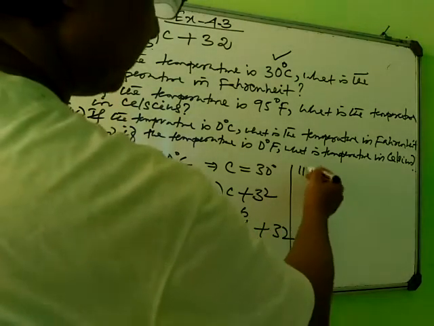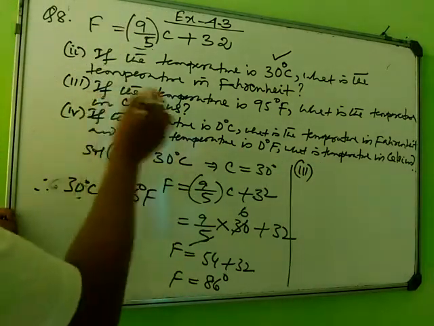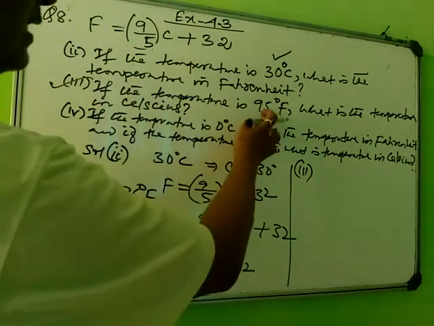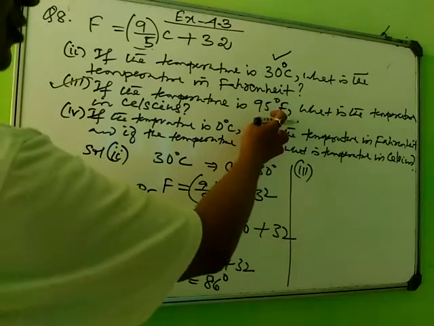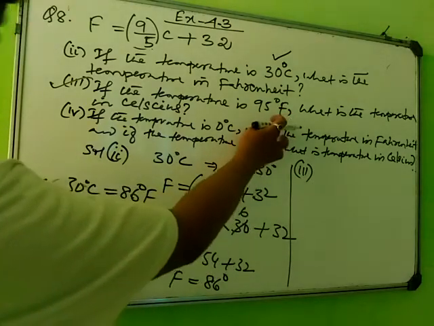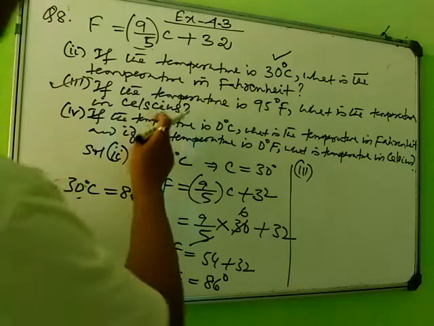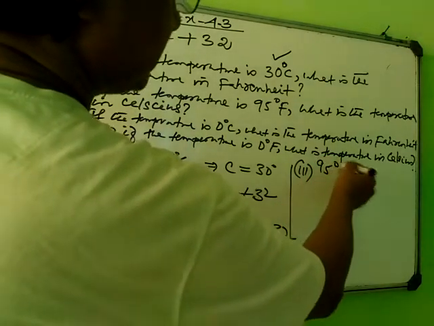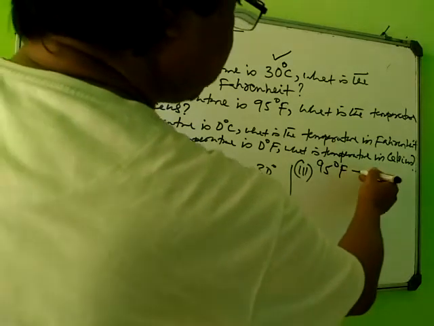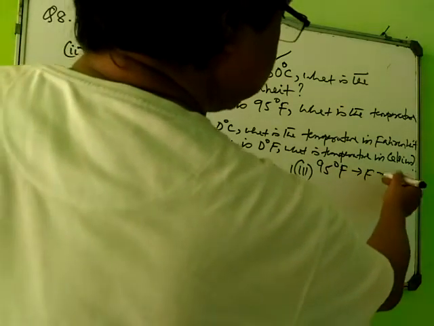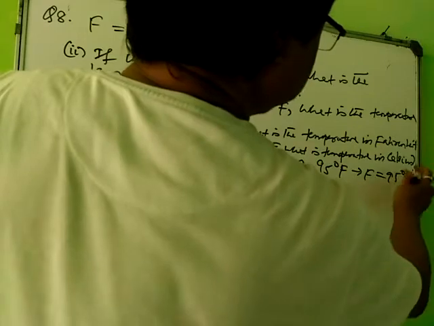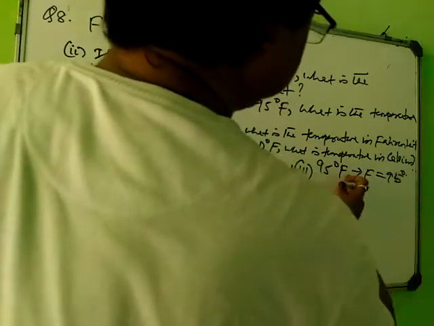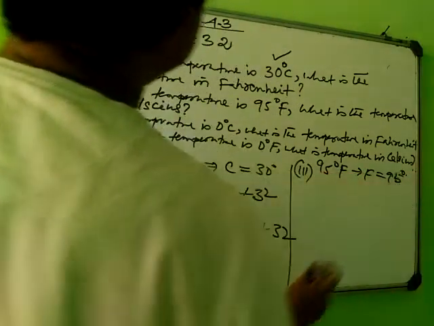Now coming to 3. If the temperature is 95 degrees Fahrenheit, so now they have given it in the Fahrenheit scale, what is the temperature in Celsius? Here Fahrenheit is 95 degrees.